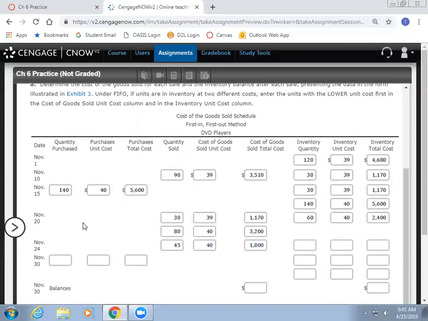The total is $1,800 cost of goods sold. So how many do we have left in inventory now? 15. Thank you. So 60 minus 45, we have 15 left at $40. That's 600 in our inventory.